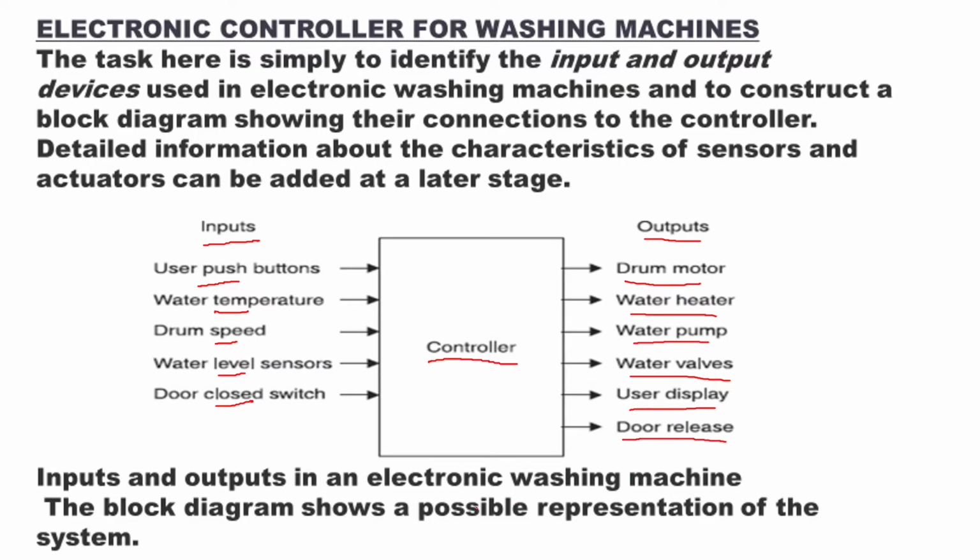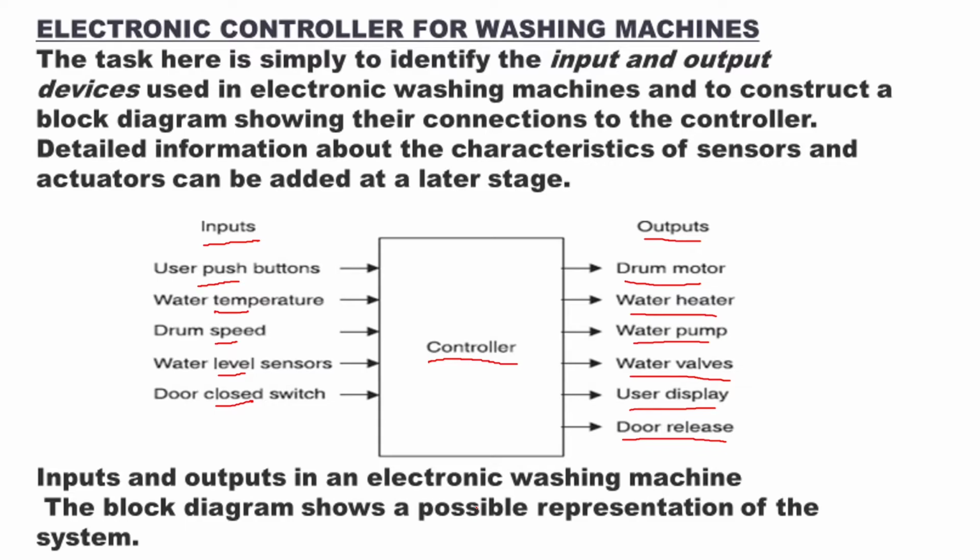So some parameters are input, and depending on those inputs and the program of the microcontroller, the controller will control the outputs: the speed of the drum motor, the temperature of the water heater, the water pump, how much water is going to go, the water valves, user display, and door release.